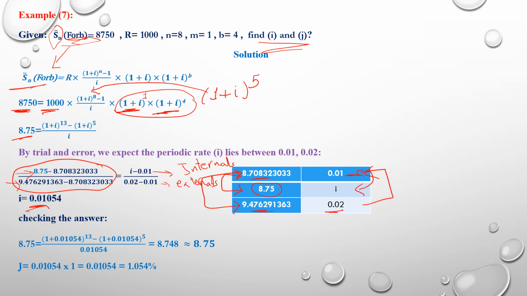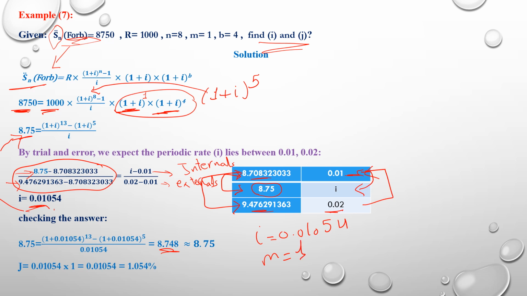And in order to check the answer, we can substitute the value of I in this equation, so we get 8.748, which approximately equals 8.75. So I equals 0.01054, and M equals 1.